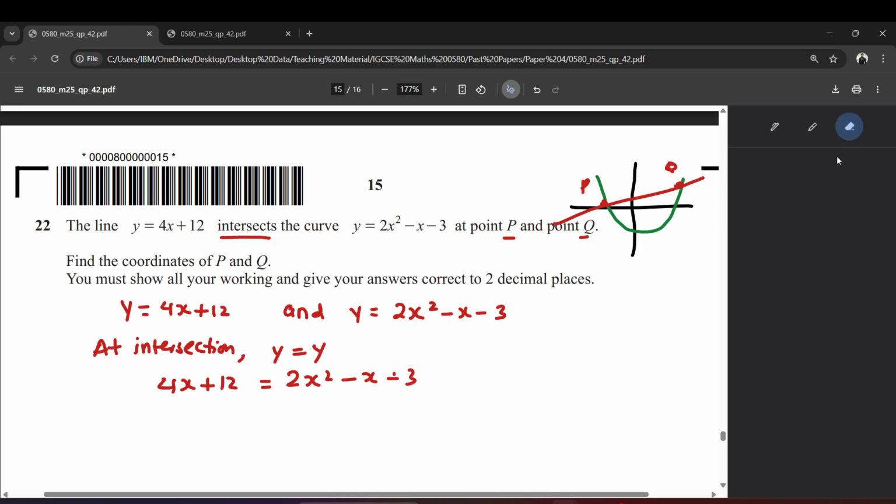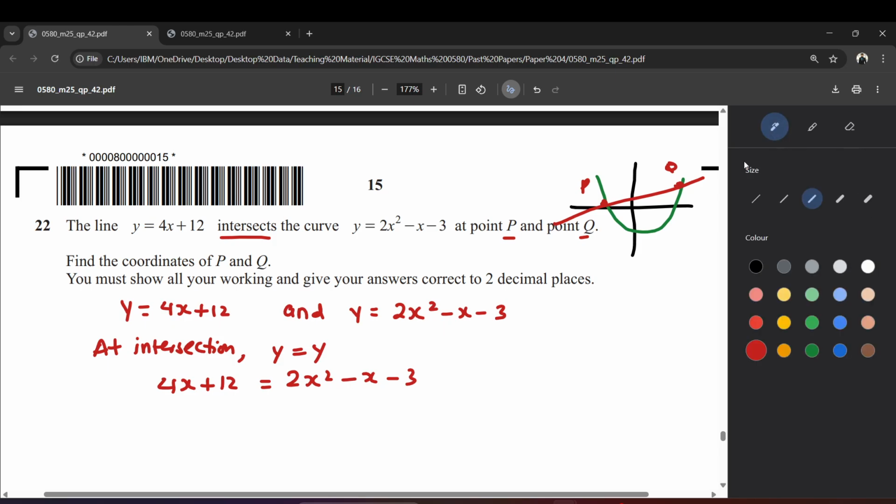Basically, what I'm trying to find is, when the y's have the same coordinate, what are the x values at these points? That's what we are trying to work out here.